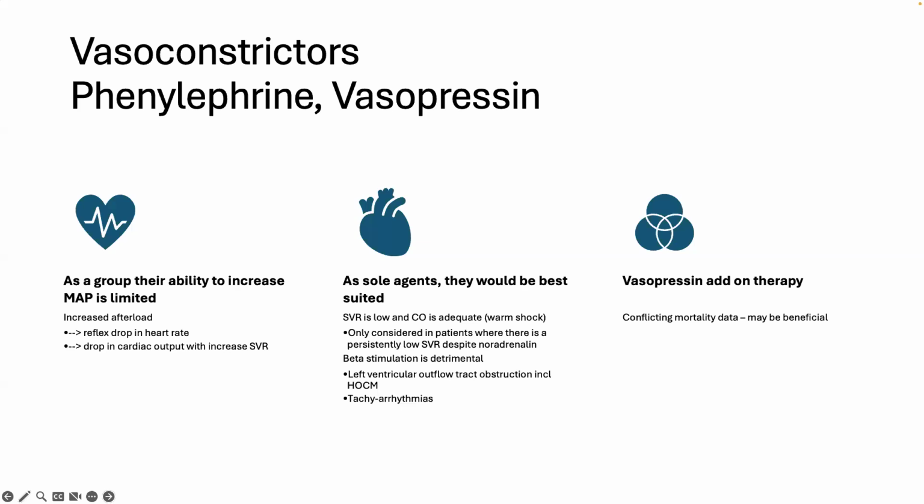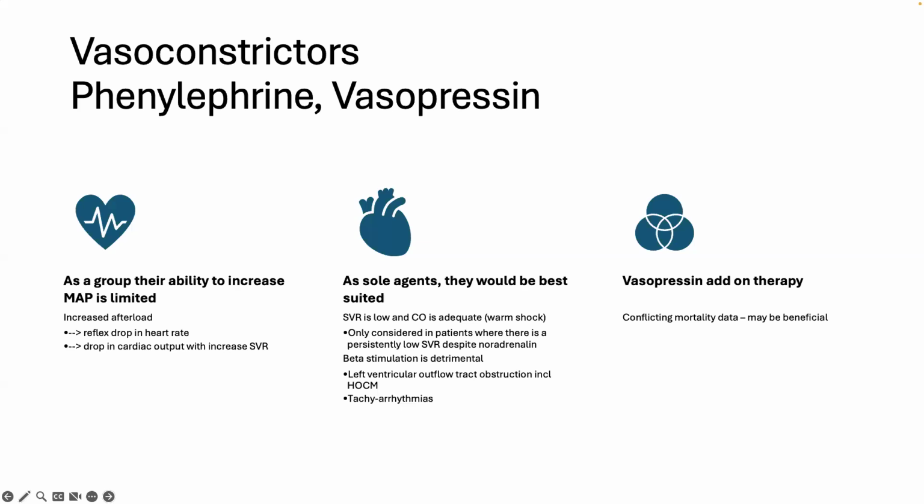Vasopressin, though, is a useful medication. And there's some data that when you get septic, your vasopressin stores in your brain become depleted. And your baseline vasopressin levels in your body, which maintain vascular tone, become insufficient. And there's been a lot of work done on adding a baseline infusion. So we don't dose vasopressin to increase your blood pressure the way that we dose adrenaline in a stepwise fashion to maintain a MAP.